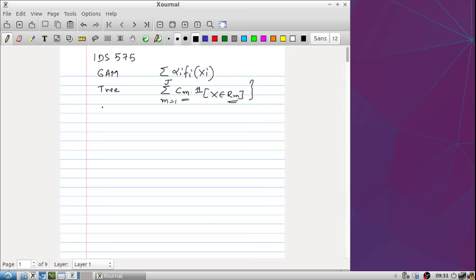Then we looked at forward stage-wise additive models, and specifically we looked at AdaBoost. And these are all of the form sum over i equal to 1 to capital M of beta i times B of X. So these are just individual models. These can be any set of models.